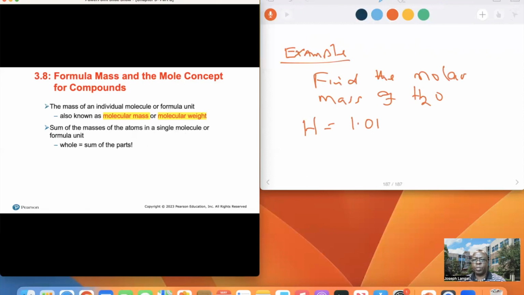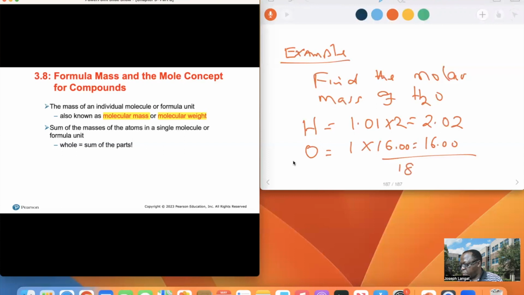This number is from the periodic table. Times 2 equals 2.02. Oxygen equals 1 times, I'm just going to approximate that to 16.00. We write 18.02 AMU.